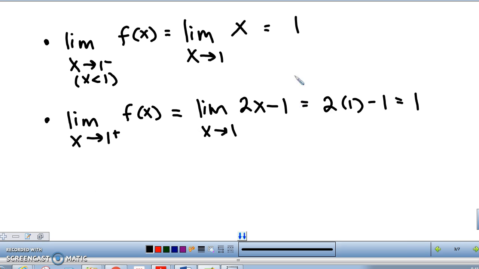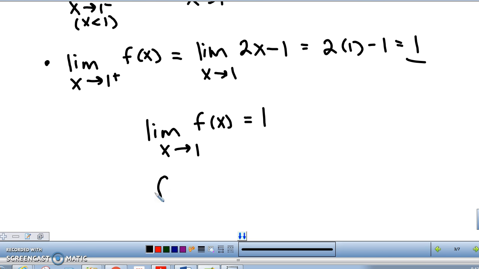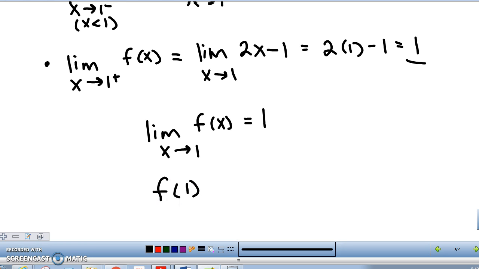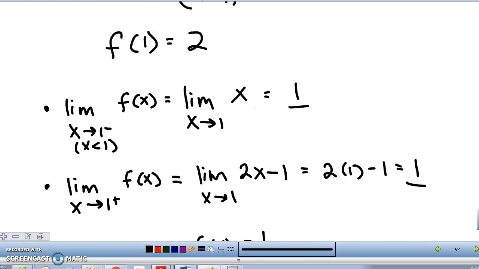So because they came out equal, we can say that the limit of f of x as x approaches 1 exists, and it is equal to 1. However, notice that f of 1 came out to 2.